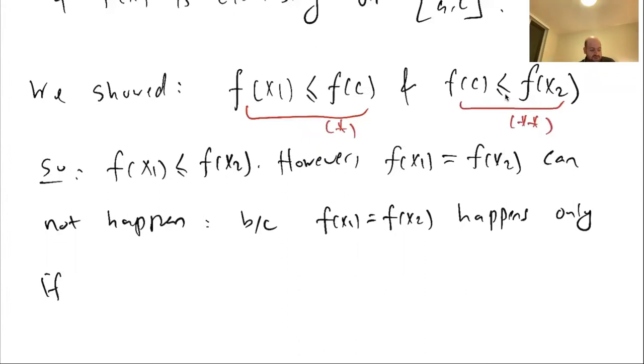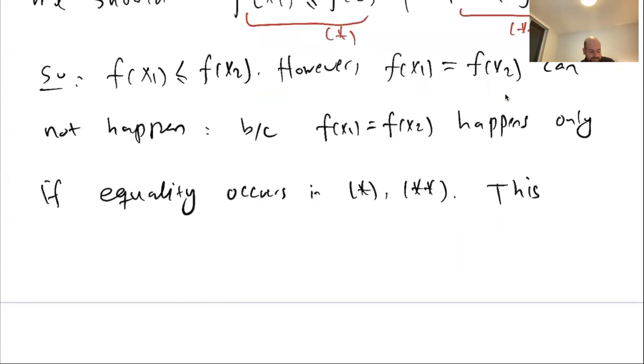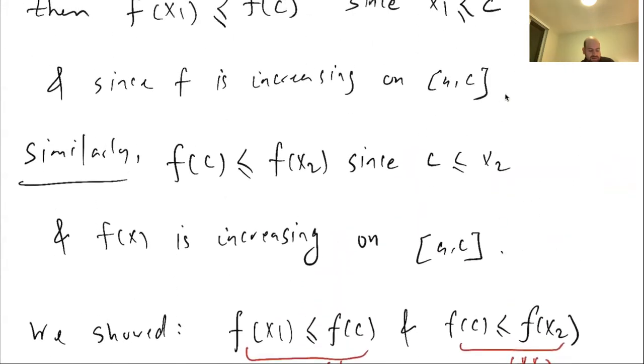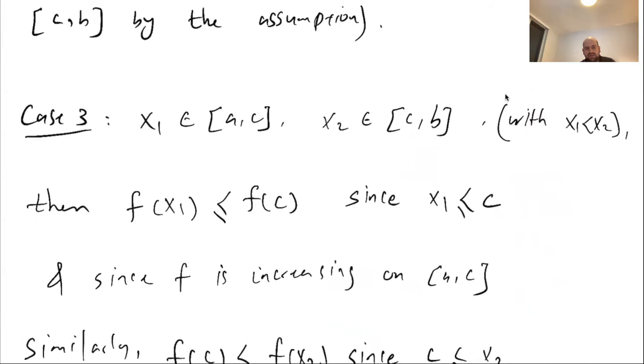So f of x1 equals f of x2 happens only if equality occurs in star and 2 star. This happens only if, when can I say that star happens? Remember I explained that. First we had strict inequality here. Then I had to change it to non-strict inequality just because of the case where x1 equals c.